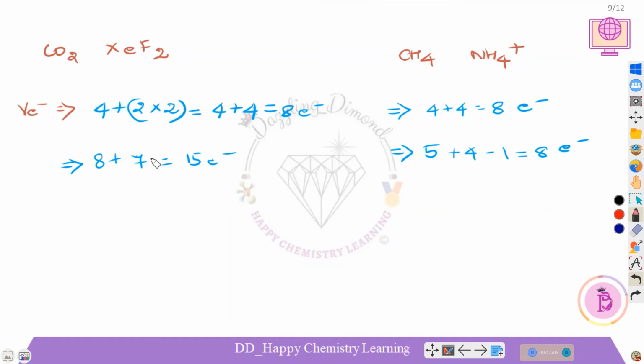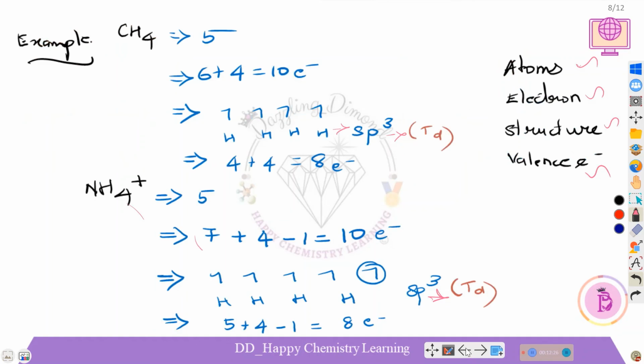Okay, I have just taken this to emphasize that the valence electrons should be the same in order for them to be isosteres. Here you can see CO2 and XeF2, we have already seen that they are isoelectronic, right?